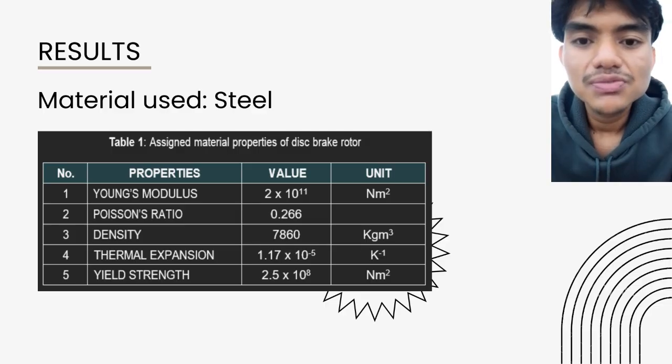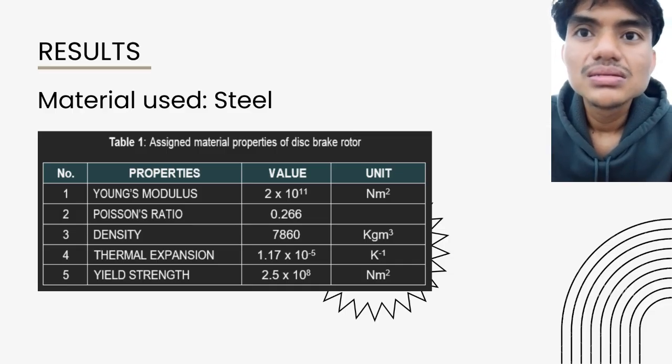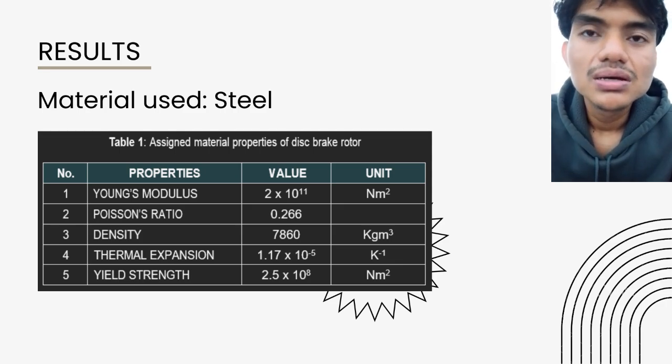Density, 7890, is the weight of the steel. And lastly, thermal expansion, 1.17 times 10 to the power of -5, is how much it expands when it gets hot.